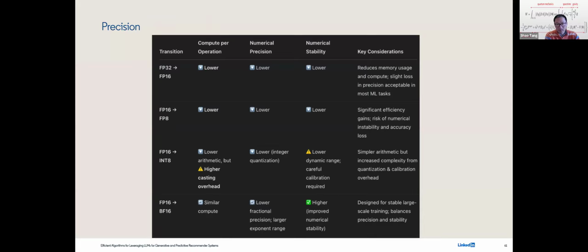And of course, we reduce the computational operations, so we can train things faster because we can significantly reduce the number of operations needed for training.